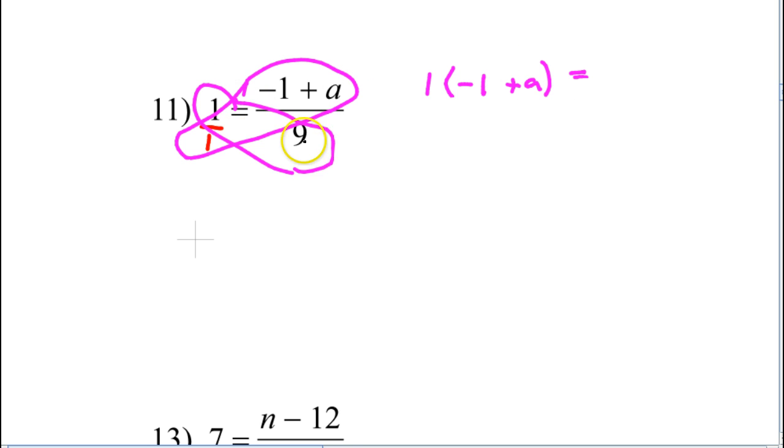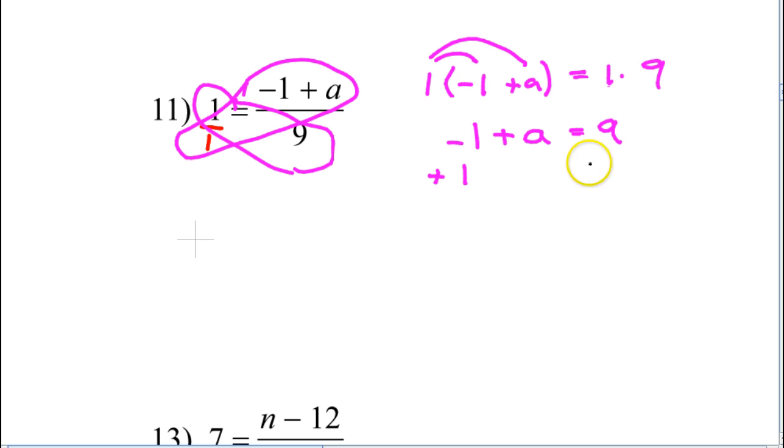With the 1s, it doesn't really change it a whole lot. 1 times anything is that anything. Now we'll have to add or subtract. Write this down, so when we come back on Monday, we'll have an example.